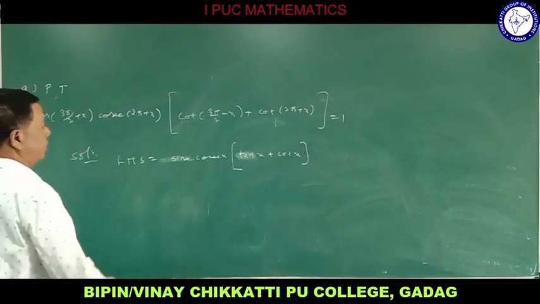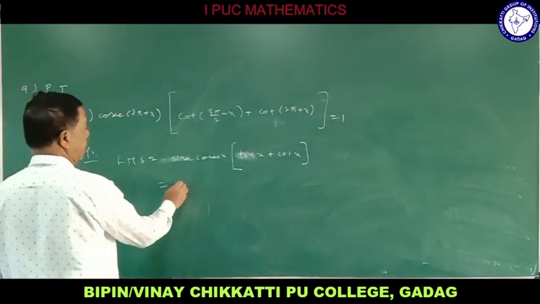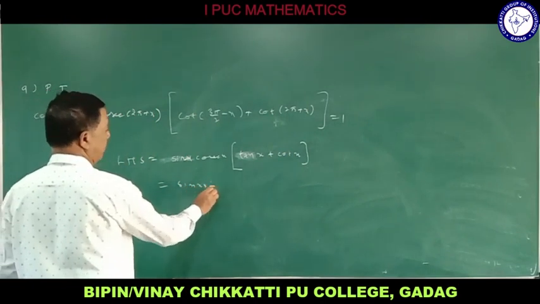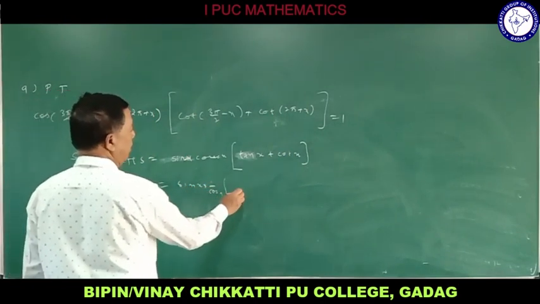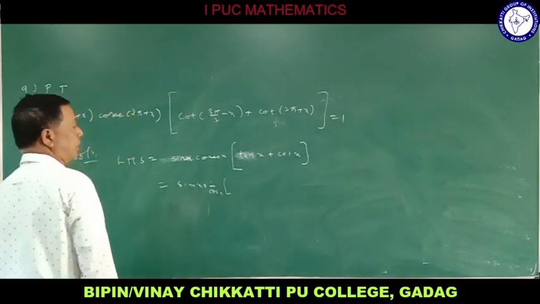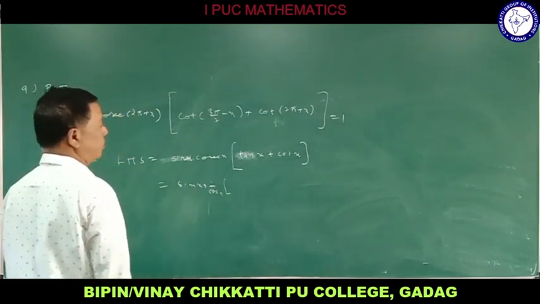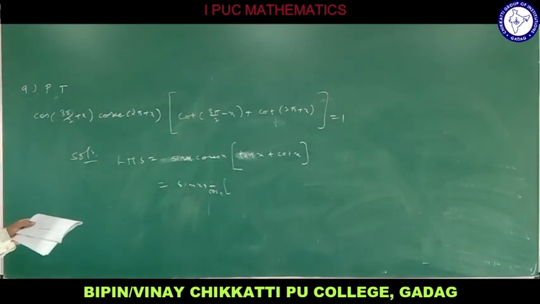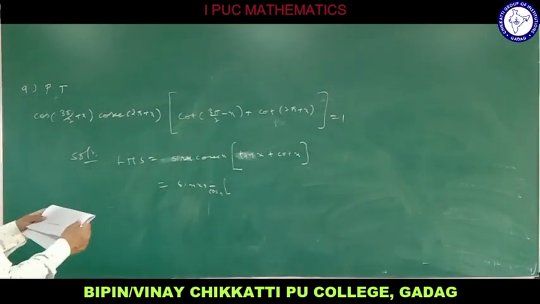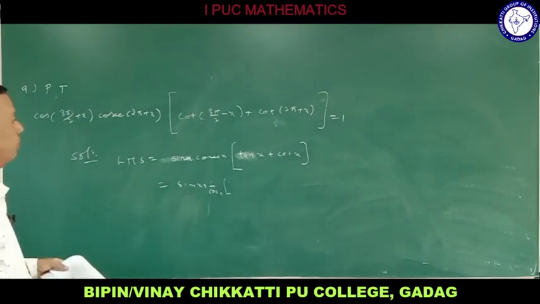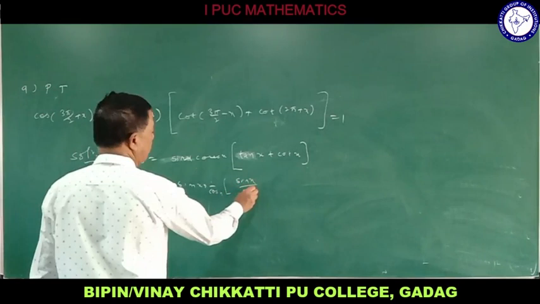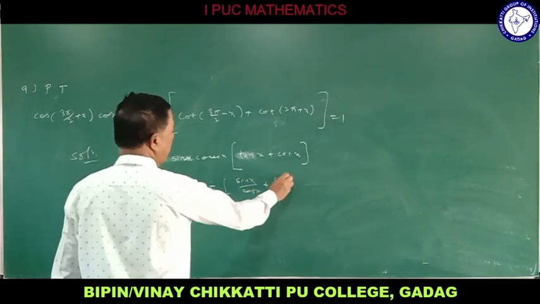And here you see the result. This is sin x into 1 upon cos x, and tan x plus cot x. See how you have to simplify, and accordingly the result is tan x plus cot x. According to the definition, this is sin x by cos x plus cos x by sin x.